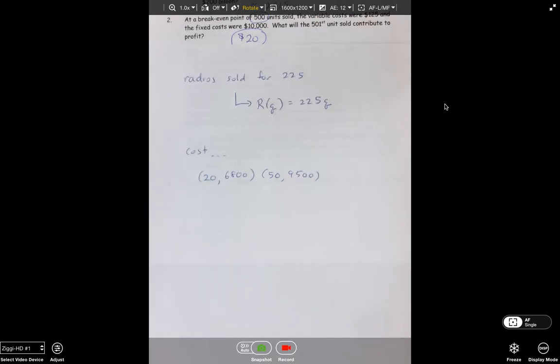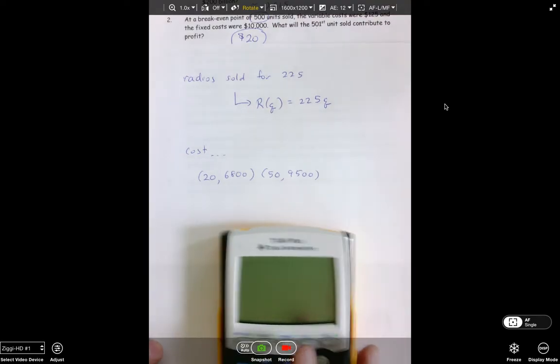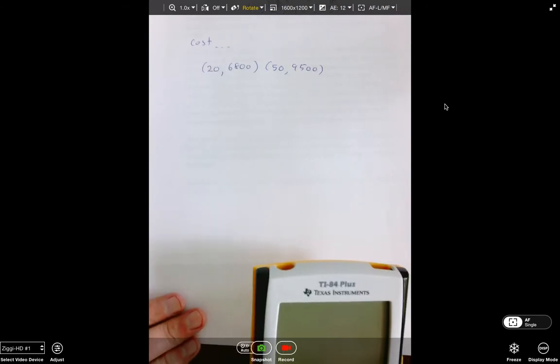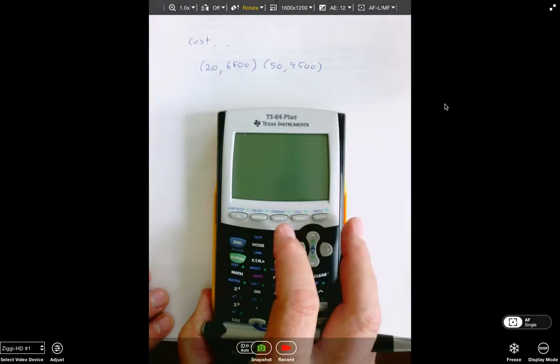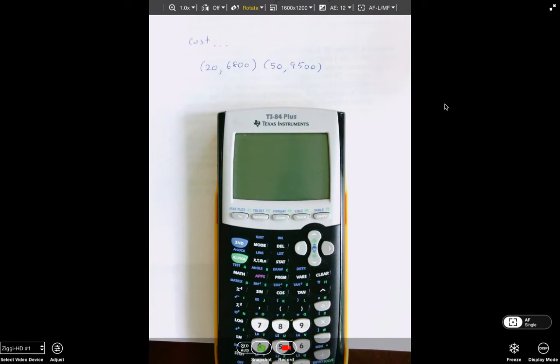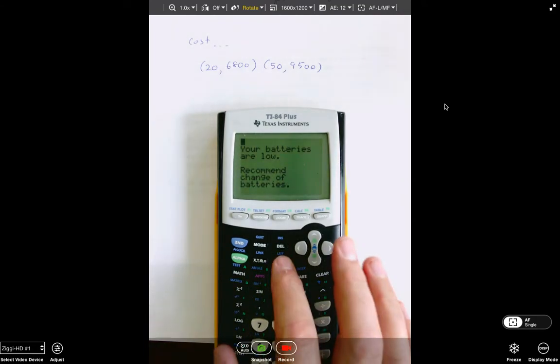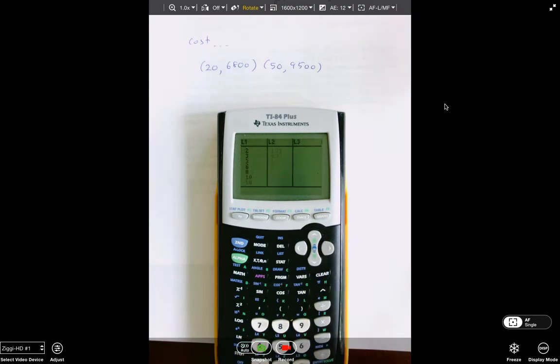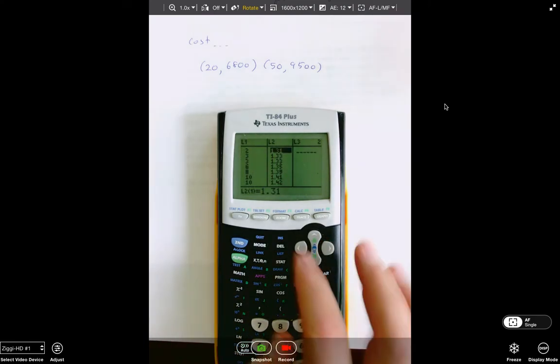Now, what I would do here is I would use the calculator, and I'm going to use this calculator, because I know there are some of you that have this operating system. So I'm going to go to Stat, go to Edit, and I have some information in there I need to get rid of.